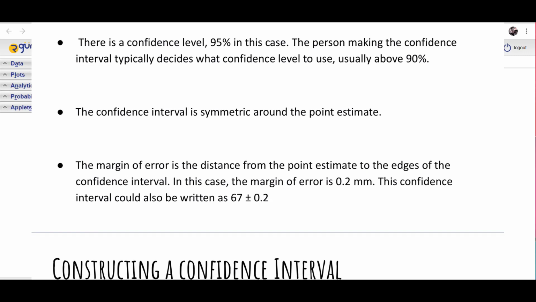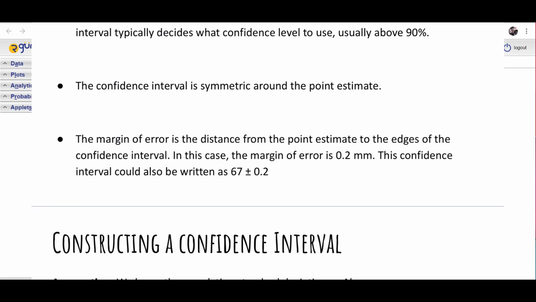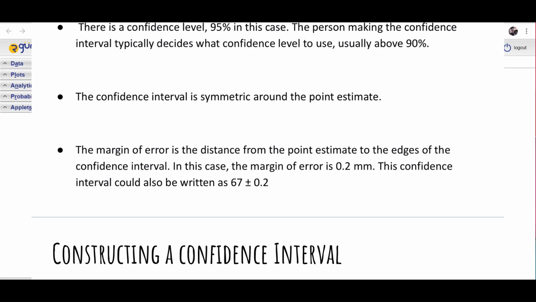Now, how do we find the lower boundary and the upper boundary for that range? I can tell you that those boundaries are symmetric about the point estimate. Let's show you here. Let's say this line represents the confidence interval of the mean width of the iPhone cases, which was between 66.8 and 67.2.